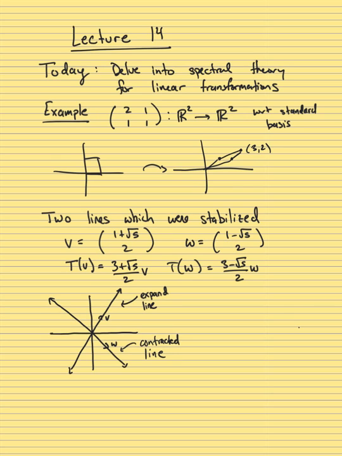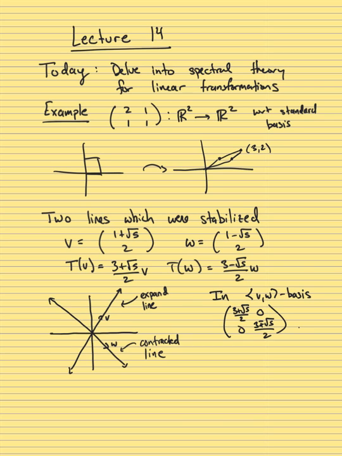All right, and so in the v, w basis, this matrix has a very nice form, which is just the values (3 plus square root of 5)/2, 0, 0, (3 minus square root of 5)/2.